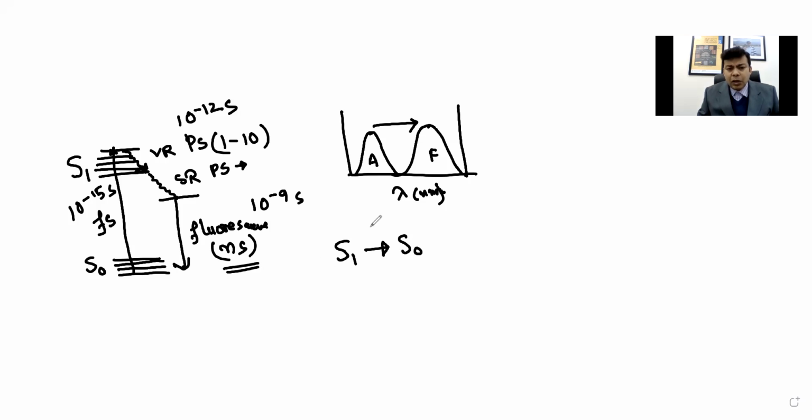And therefore, you have a rate constant associated with it, which is basically the rate of fluorescence, let's say k. The lifetime is essentially how long S1 is living before its transition to S0. So fluorescence lifetime is the inverse of, not proportional, inverse of the rate constant, okay? So tau is fluorescence lifetime.